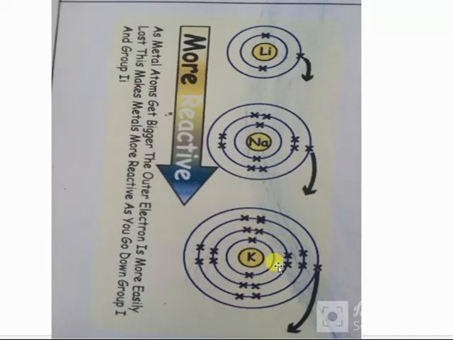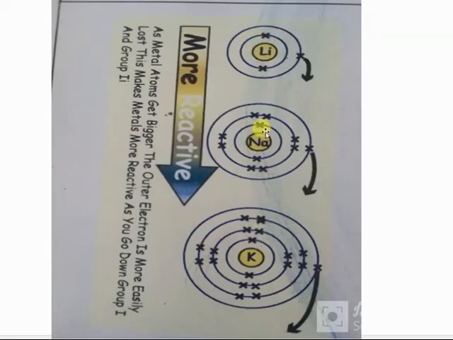As the number of energy levels is increasing, as you can see from lithium to potassium, the atomic size is increasing. Look at the atomic radius from here up to here. It is increasing because the number of energy levels is increasing down the group.